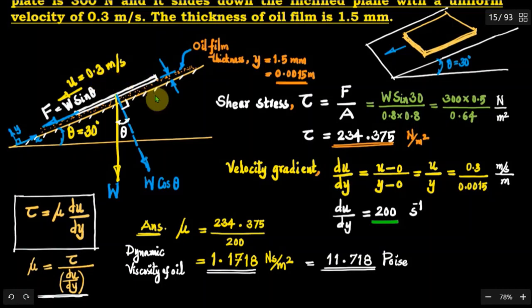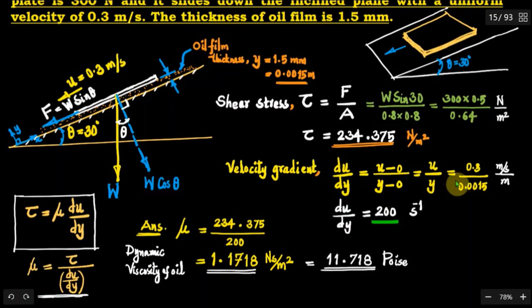So the change in velocity which this oil film undergoes in this small gap of 1.5 mm is du equal to u minus 0, and dy for the gap is y minus 0, that is y itself.